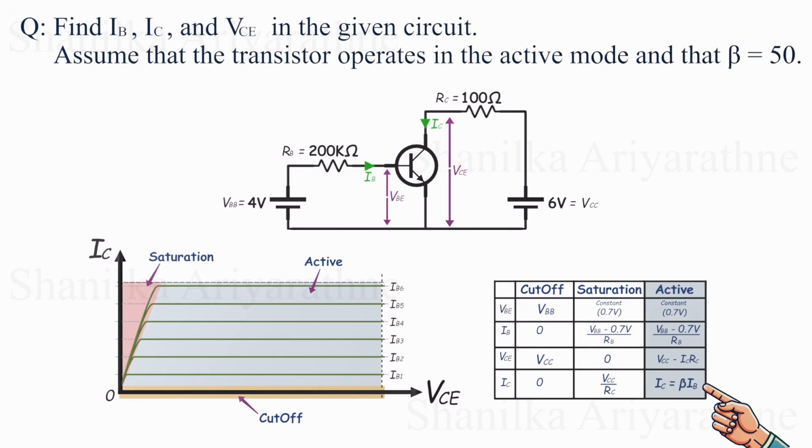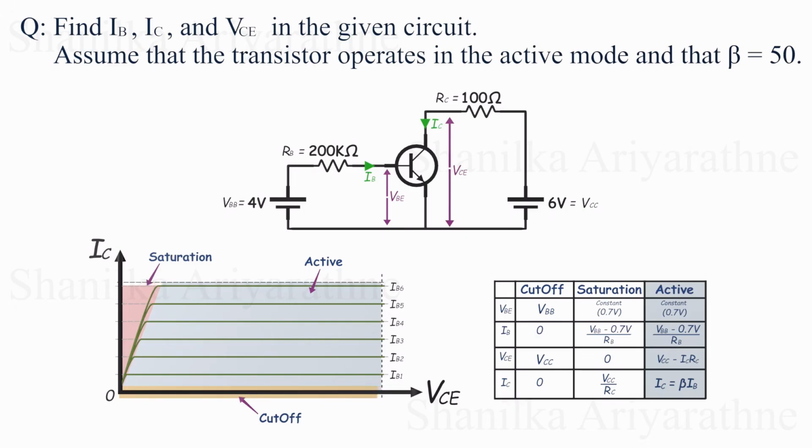That gain is called beta, and in our problem, it's given as 50. So, IC is equal to beta times IB. This means the transistor is amplifying the tiny base current into a much larger collector current. Once we have IC, we can also find VCE by subtracting the voltage drop across the collector resistor, RC, from VCC. So with all that in mind, let's start solving the problem step by step.